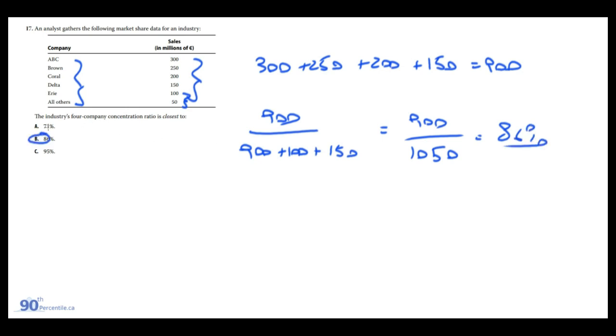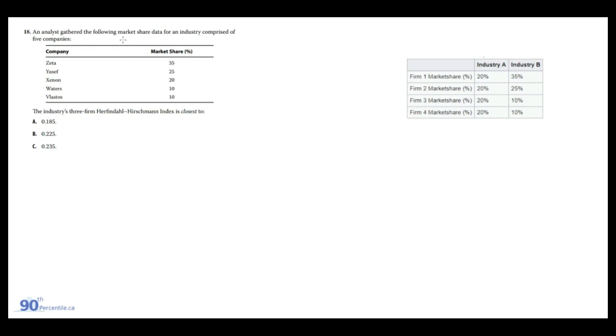B. So wrapping up here, we have an analyst gathering the following market share data for an industry comprised of 5 companies and their market share. The industry's 3-firm Herfindahl-Hirschman index is closest to. So the acronym is just HHI. That's how most people remember it. This is another metric used to determine competitiveness or how concentrated an industry is, similar to the concentration ratio we just looked at.